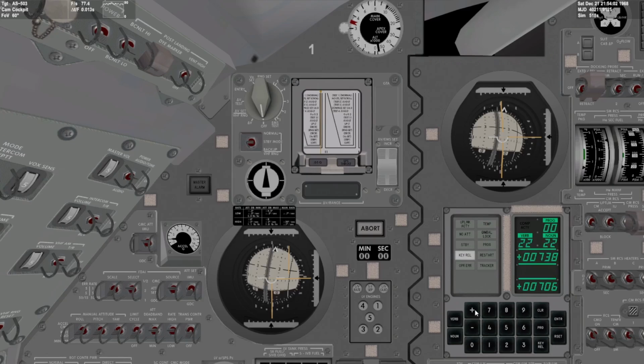So we're going to instead change register 2 to 33100, and then do verb 23, enter, to plus 33100, enter. And we can see the error needles updating.